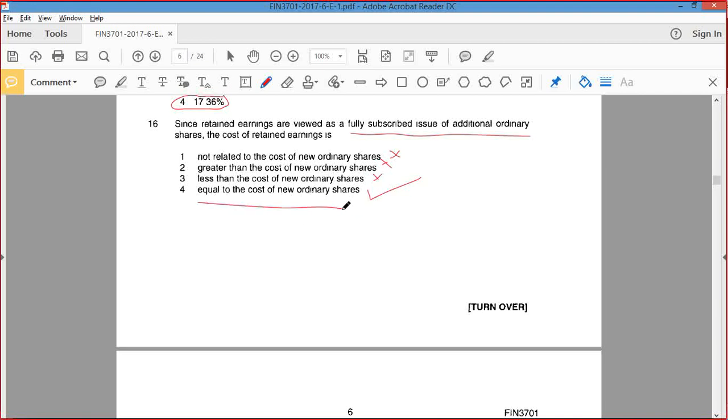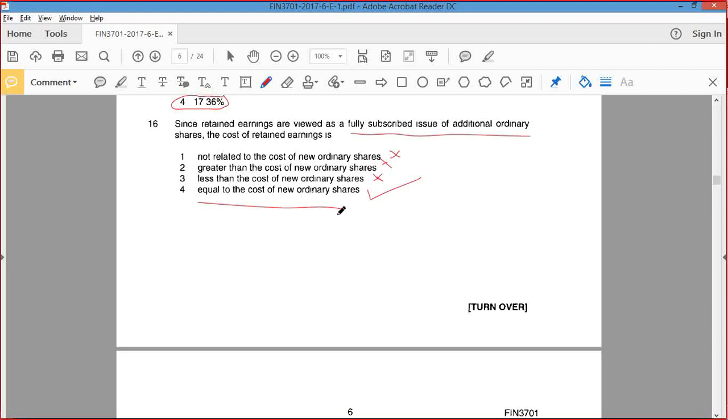Because they're saying, well, if you're not going to have to issue new shares and you're using retained earnings, the profit would have been paid out, then you would have to have issued the shares anyway. It also relates back to using that as the capital in order to invest in a new project, as the cost of capital.